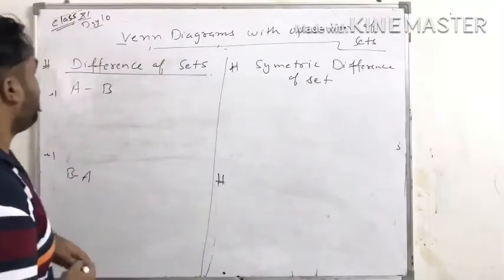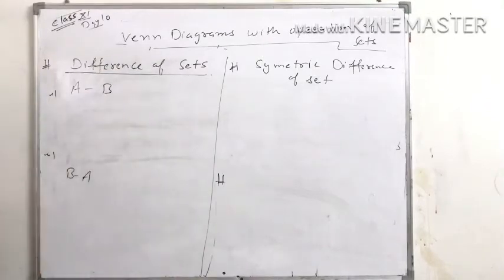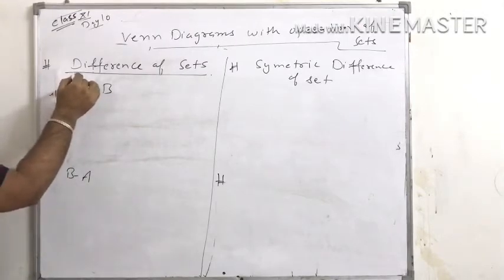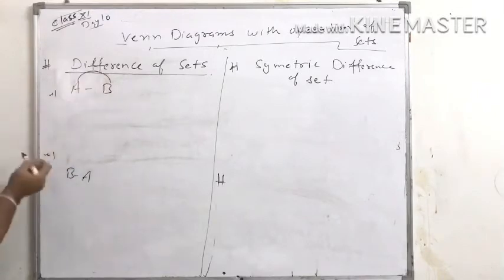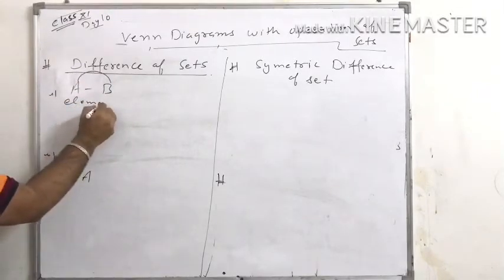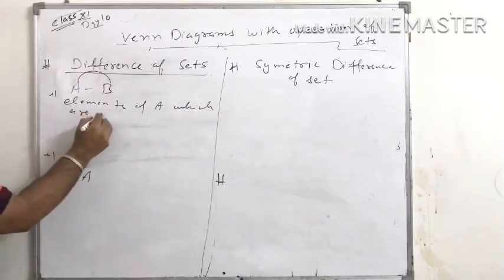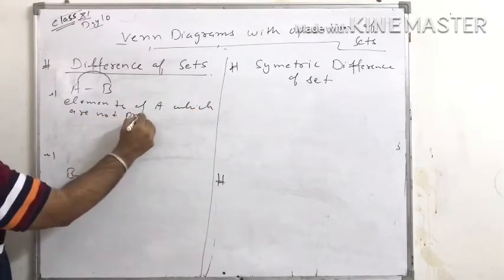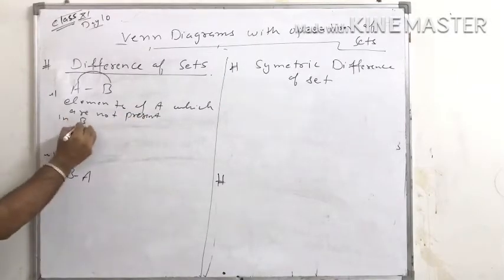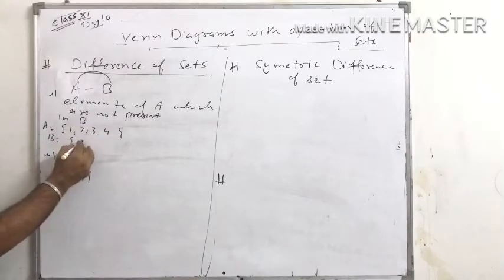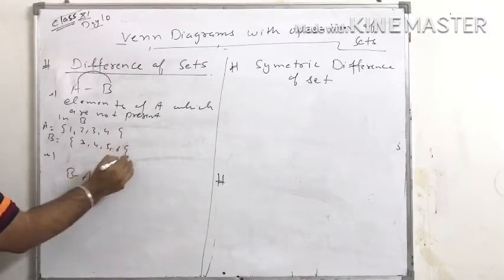Next concept is difference of sets, A minus B. What does A minus B mean? It means the elements of A which are not present in B. For example, if A equals {1, 2, 3, 4}, B equals {3, 4, 5, 6}.